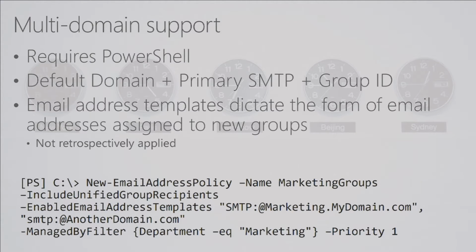But if the user creating the Office 365 group comes from another department, based on their user properties, so in the education space you can have the students create groups in the SMTP domain, say students.contoso.com, and then you can have the teachers create in teachers or faculty.contoso.com. And of course, you can apply that to your own organization and your reality there.